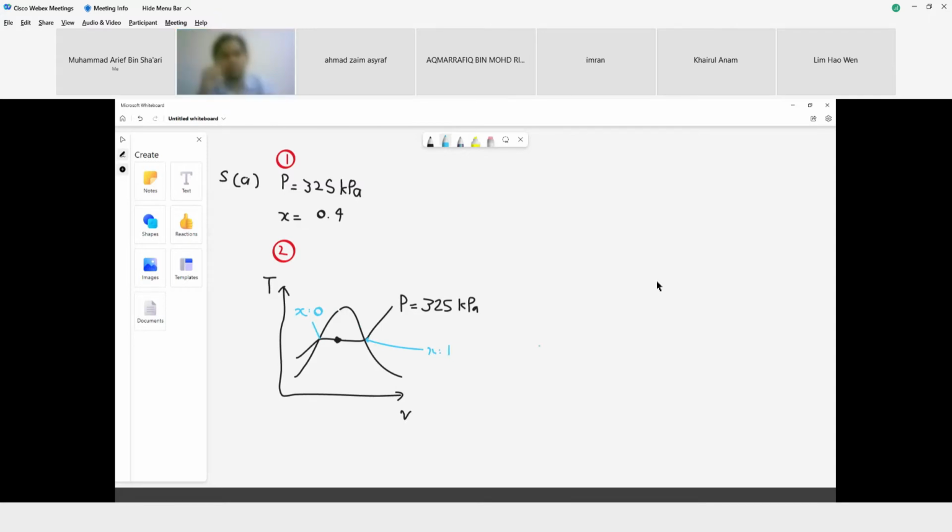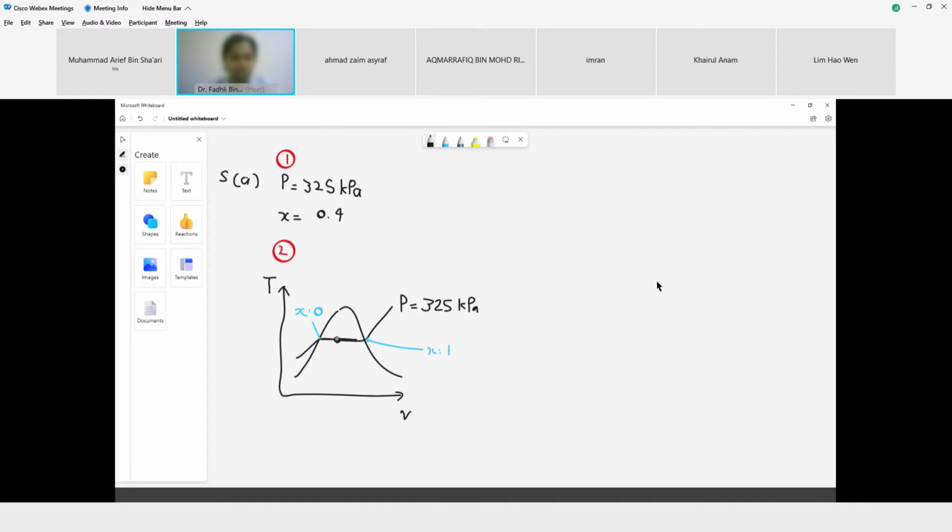If we have a value of 0.4, for example, the location of the substance is somewhere on this line or region.